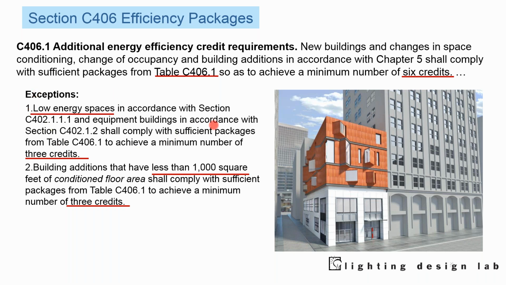If it's already a very low energy space, you shall comply with the table to achieve a minimum of 3 credits, or if it's less than 1,000 square feet, a minimum of 3 credits. So if you've got a small space, you don't have to go up to the full 6 credits. Maybe it's a LEED Platinum building, or maybe it's just a tiny little addition.